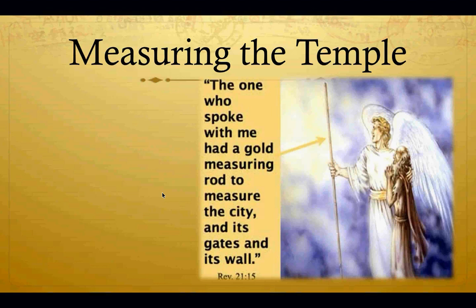If you're measuring something, it's something at a distance that you're measuring, right? And so right here, it says, the one who spoke with me had a gold measuring rod to measure the city and its gates and its walls.